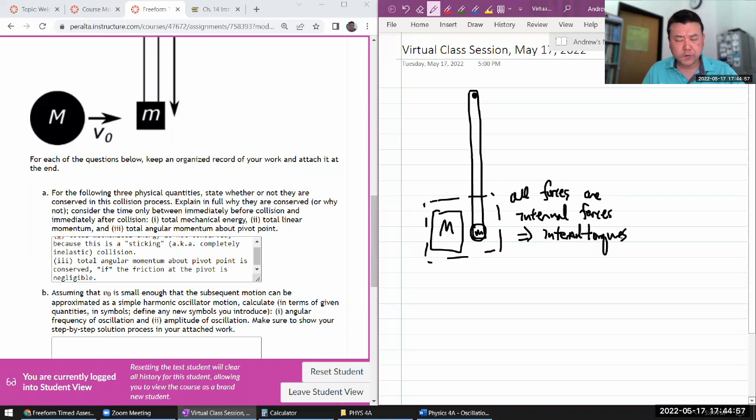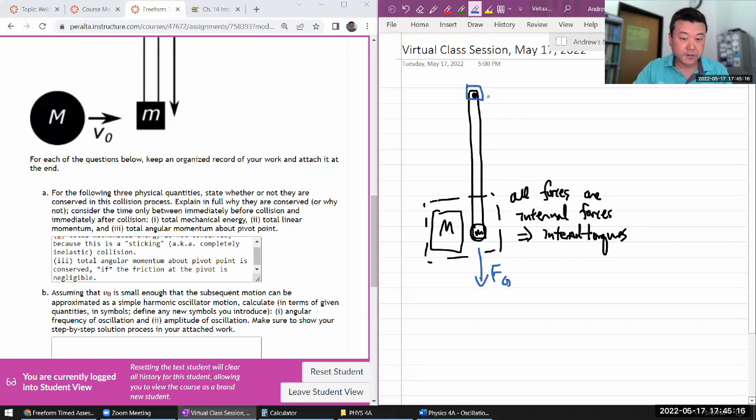The only other forces that could potentially produce external torque are gravitational force, but gravitational force is just downward here, not exerting any torque. And the other forces are forces at the pivot point.